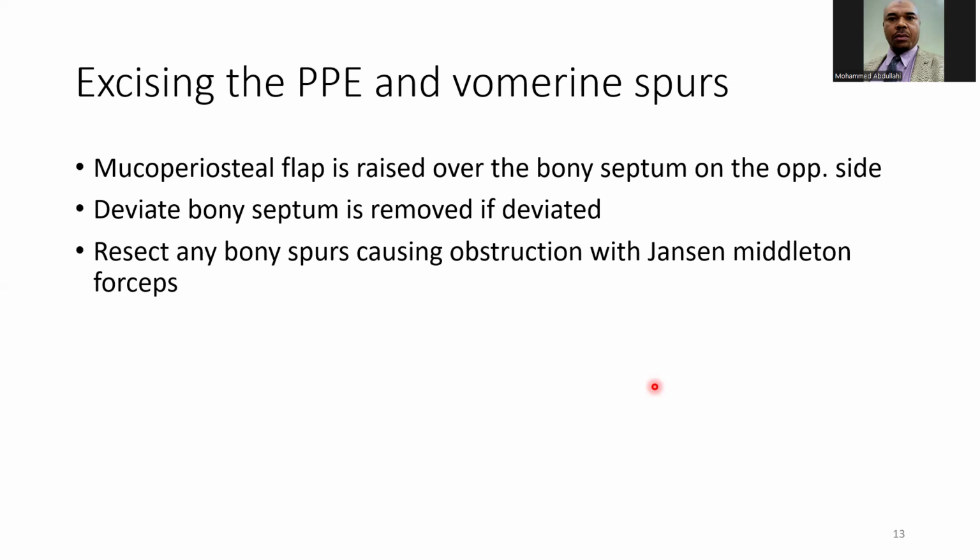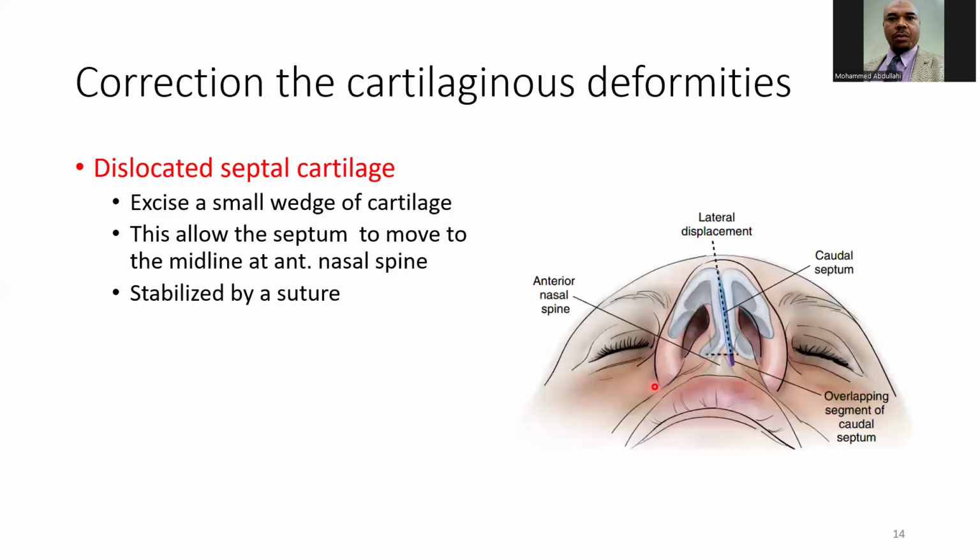It's a special forceps in that when you try to remove the deviated segment, it does not twist, unlike when you improvise using Luc forceps. So the risk of fracture of the cribriform plate causing CSF leak is minimized. Likewise, the bony spurs causing nasal obstruction are also removed using the same instrument.